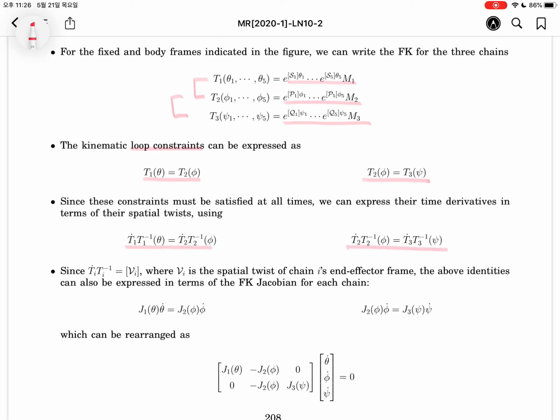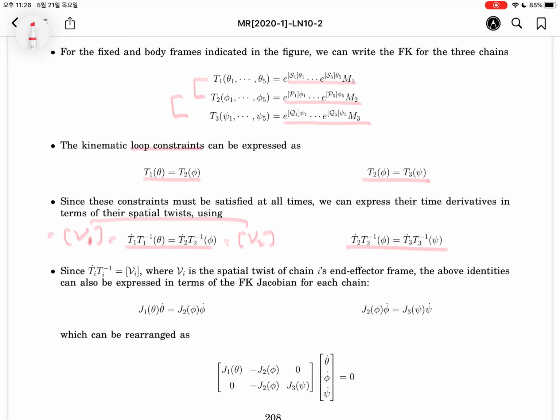Maybe you know this one. This will be equal to the matrix form of the twist. Is it right? This is the matrix form of the second twist, but both twists are the same as each other because we have only one end effector frame, the body frame.